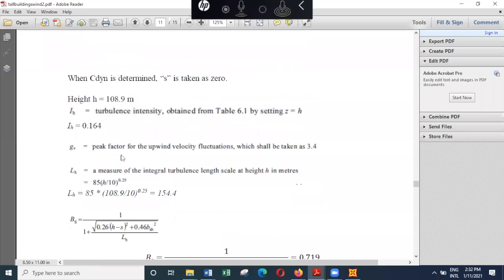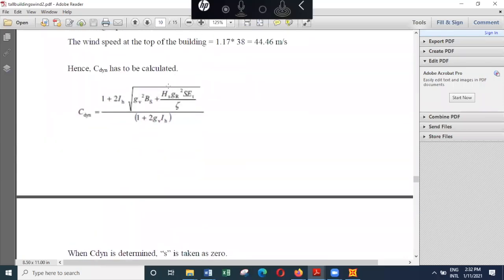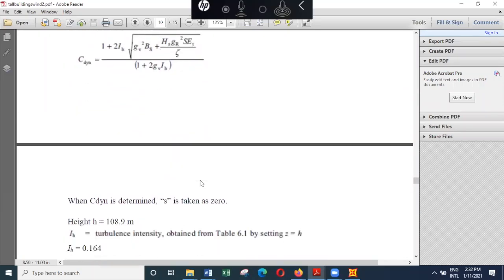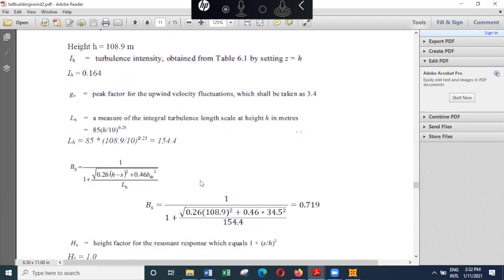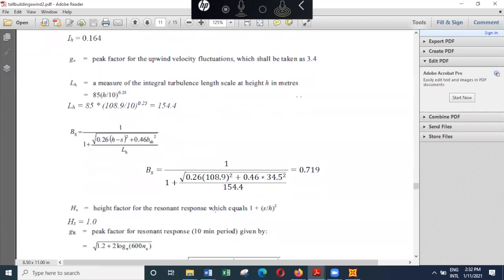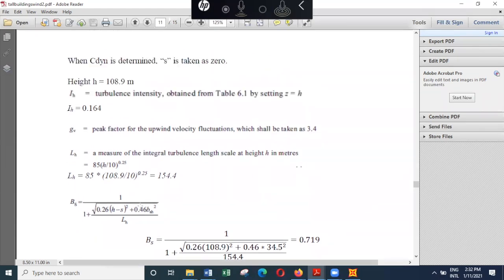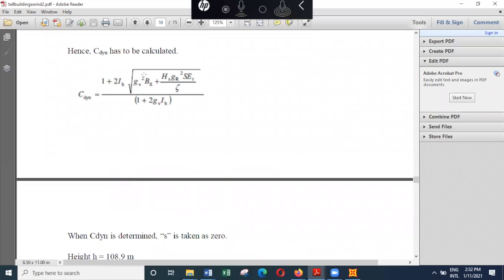And then there's another factor called the height factor, which is considered as 1 because it's equal to 1 plus SOH squared, where S is 0, so HS is 1. That is the static part of the equation. Now we are looking at the dynamic part of the equation, which has values called VR, GR, SET, and damping.